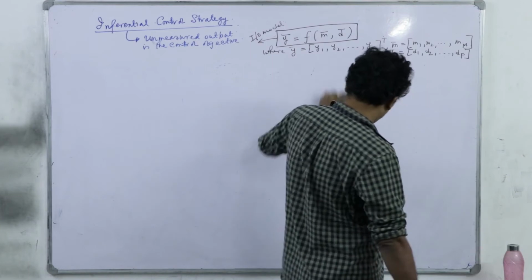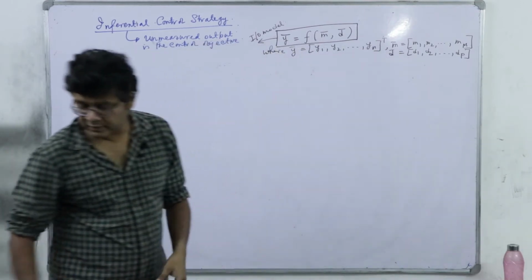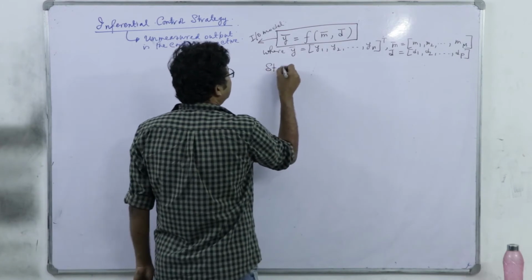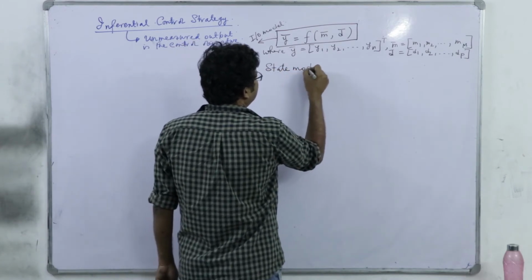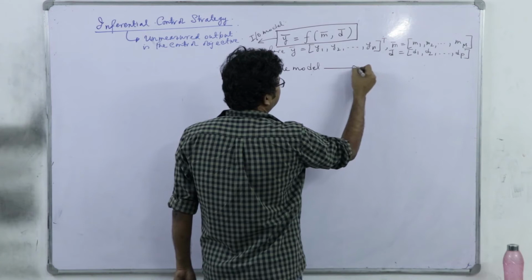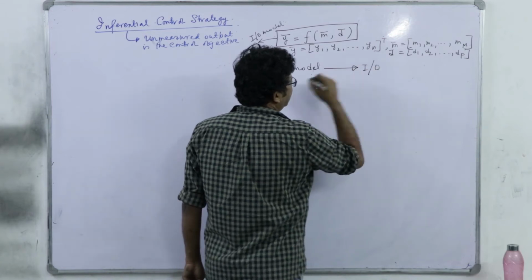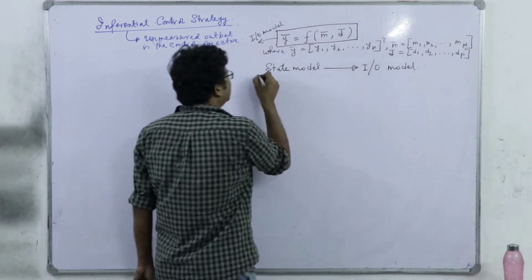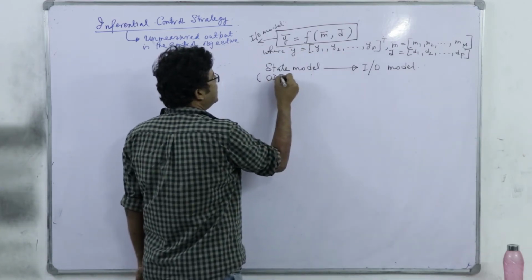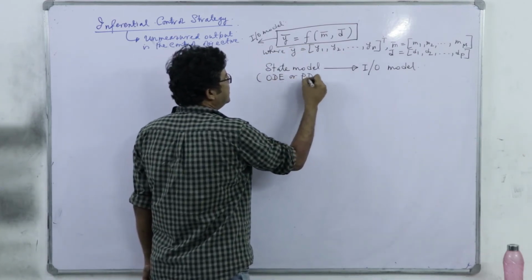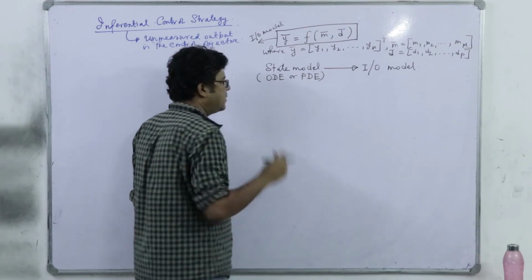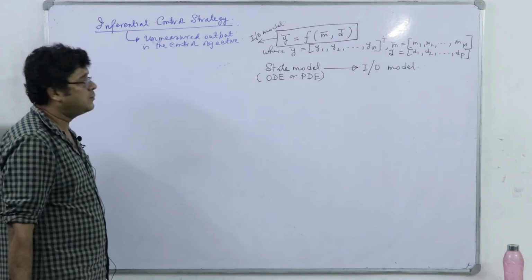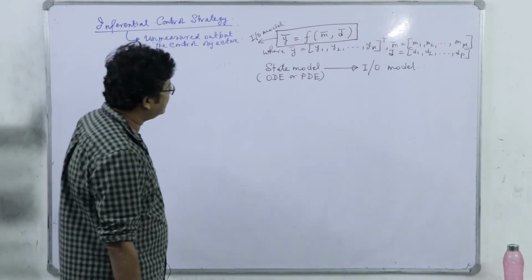First, we have to develop the state model of the system, and from there, upon solving it, generate the input output model. The state model may be an ODE or PDE. When it will be an ODE and when it will be a PDE, that we have to understand.